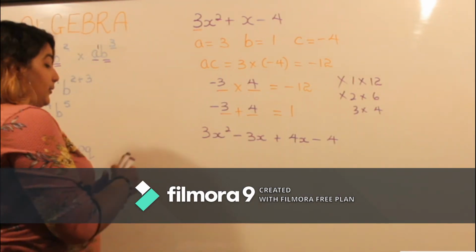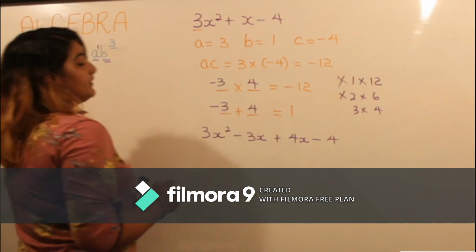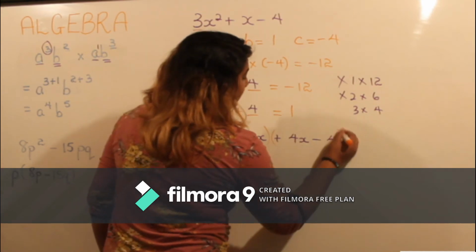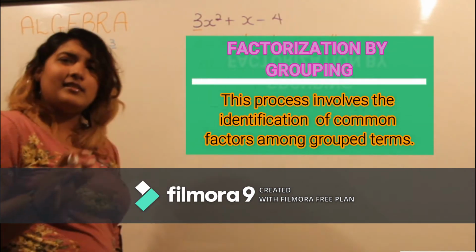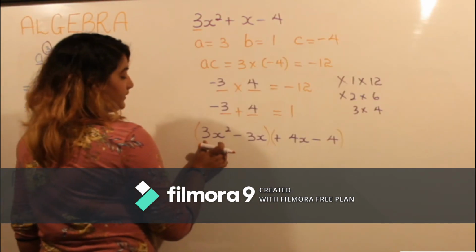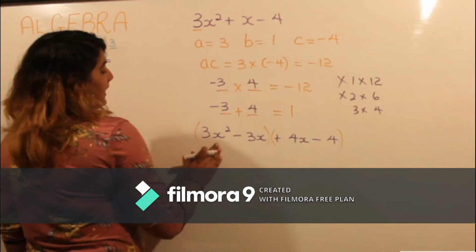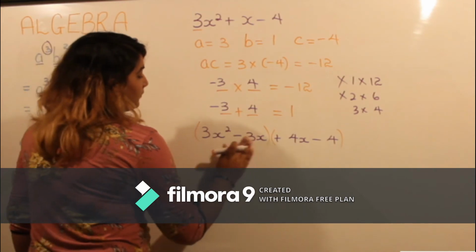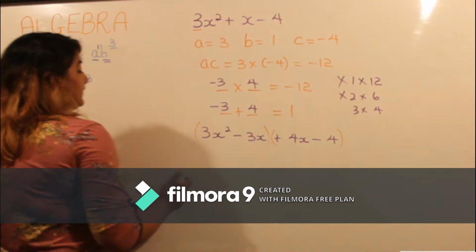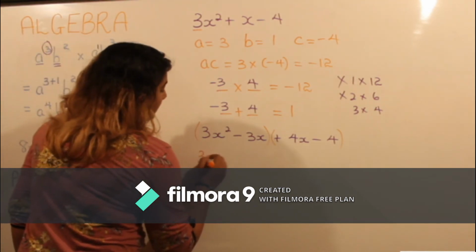You're looking at them pairwise, and luckily for us, this was already sort of paired off nicely. We can easily identify common factors, can't you? Here we can tell we have coefficients of 3. We have two terms, one in x squared and one in x. So if I wanted, I could factor out 3x easily from these two terms.